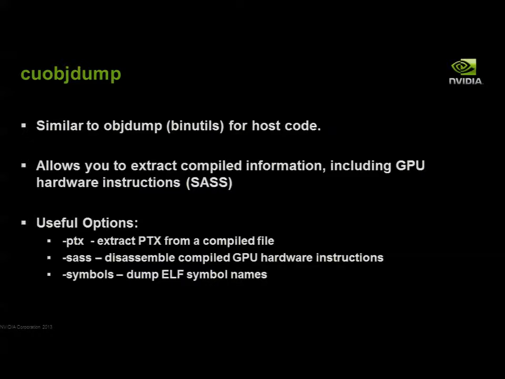What happens? Well, by looking at the SASS, you might figure out that you have a lot of casts between 32-bit floating point and 64-bit floating point, and they can be fairly expensive. So looking at the SASS can help you identify such problems that otherwise are fairly tricky to find.